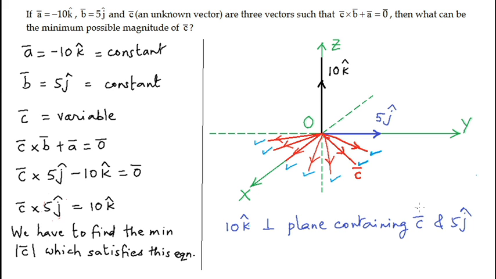Now we earlier said that C bar must be a vector in the xy plane, so we can check whether there are any other directions in the xy plane remaining to be investigated. For example, if we go to the other side of 5j cap in the xy plane, that is, if we consider this direction for C bar.